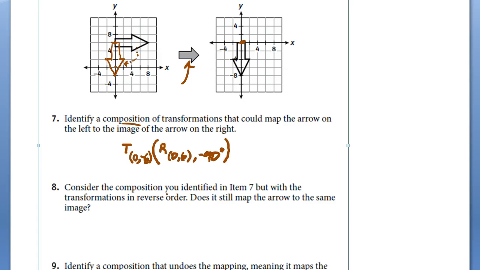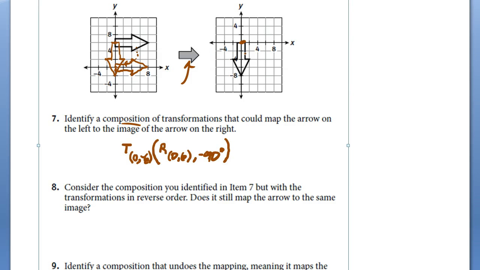Number 8, consider the composition we identified in item 7, but with the transformations in reverse order. Does it still map the arrow to the same image? If we did the translation first, if we slid the arrow down first so that it ended up down here, and then we rotated it around 0, 6, would we get that?